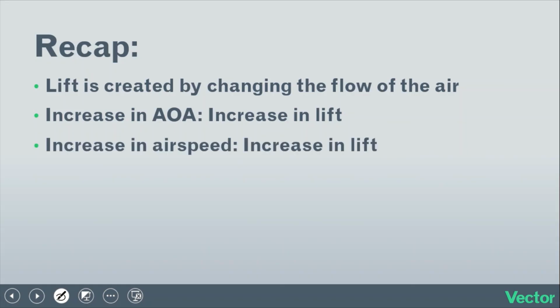An increase in airspeed also increases lift for the same reason. The air moves past the airfoil even faster, so it moves up and over the upper surface even faster. That air accelerates even more, so there's an even greater pressure differential. The air that gets directed downward gets directed downward more forcefully, so there's a more forceful equal and opposite upward reaction.